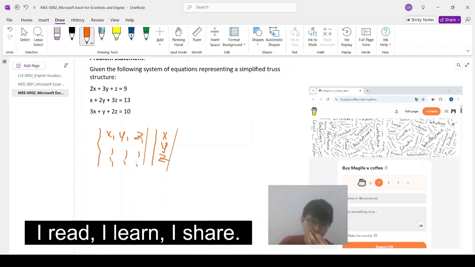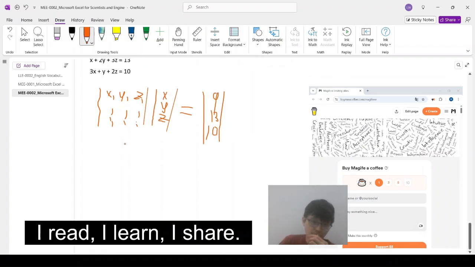For example, for the first equation, 2x plus 3y plus z equals 9. So x1 is 2, y1 is 3, and z1 is 1. x, y, z is what we need to find out. Then it equals 9, 13, 10. This is how the equations look in terms of the matrix function.